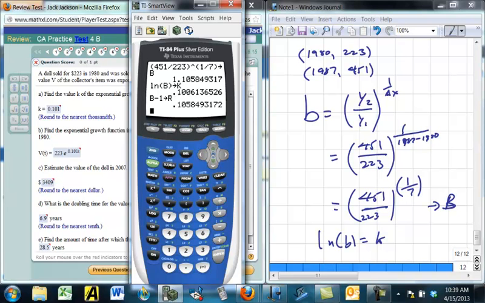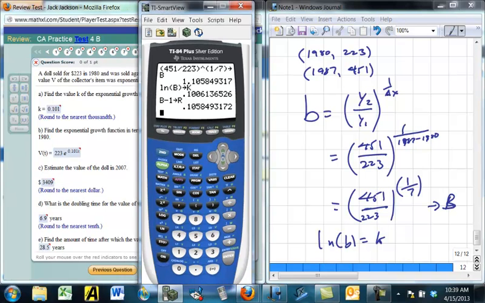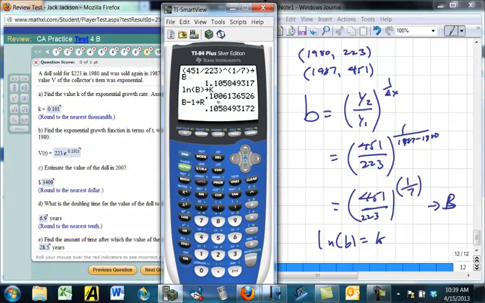So notice r and k are not the same thing. Okay, but they wanted k, the exponential growth constant, and so that was the 1.00613 whatever. Okay, so that is approximately 0.101 rounded to thousandths. Remember, it's tenths, hundredths, thousandths. That's 3 decimal places.